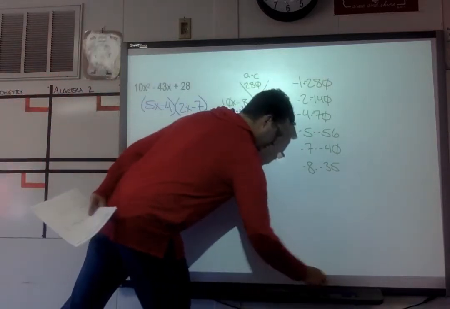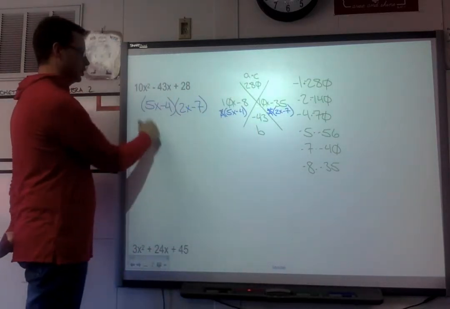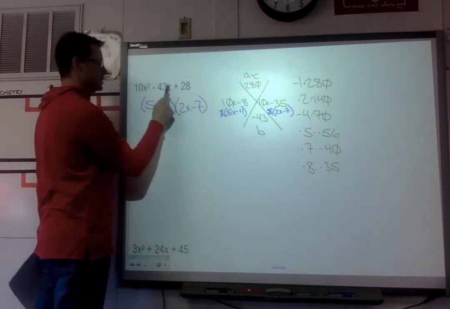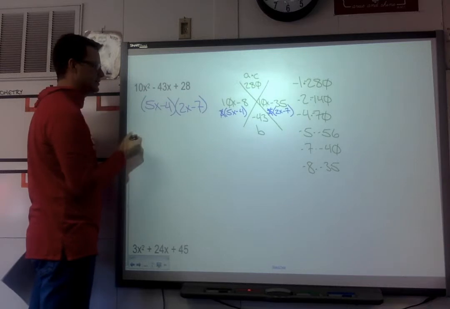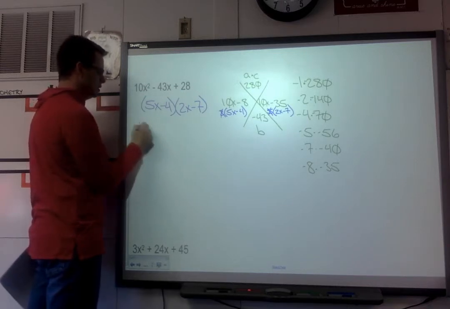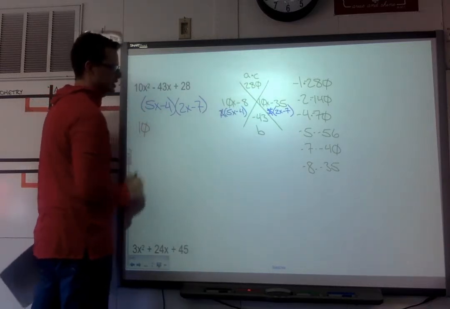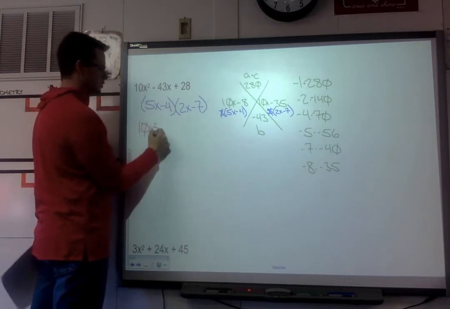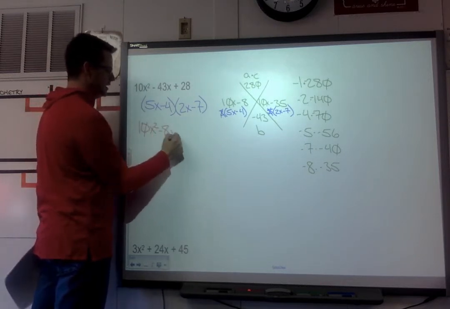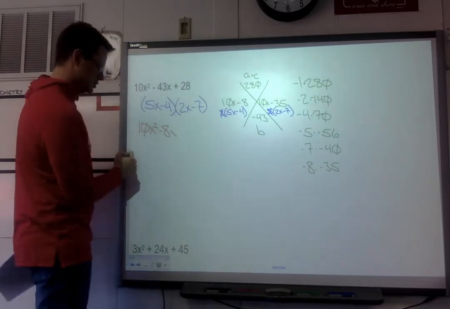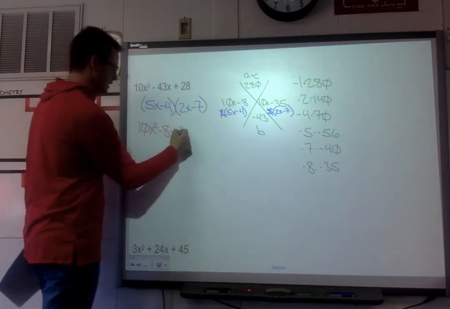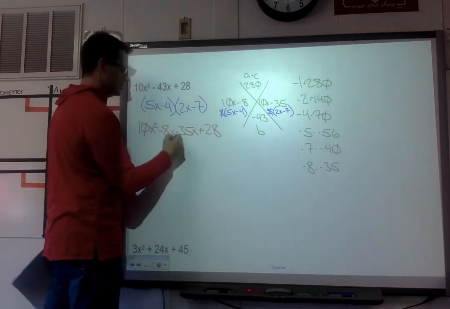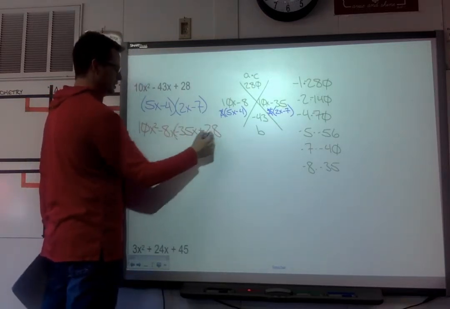Now just quickly, if I had done this one with the grouping method, I would have come up with those same two numbers that multiply to 280 and add to negative 43. The two numbers were negative 8 and negative 35. So I would have split this into 10x squared minus 8x minus 35x plus 28. Then I would have grouped here.